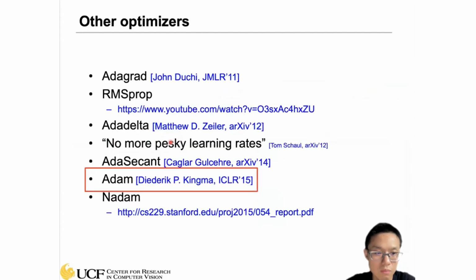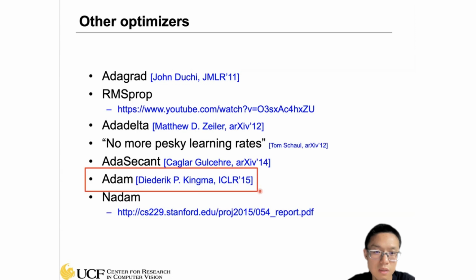Okay, so we've talked about the classic stochastic gradient descent. There are obviously other advanced optimizers people use very often. One is called Adam. This is a very popular, very effective optimizer that people widely use.